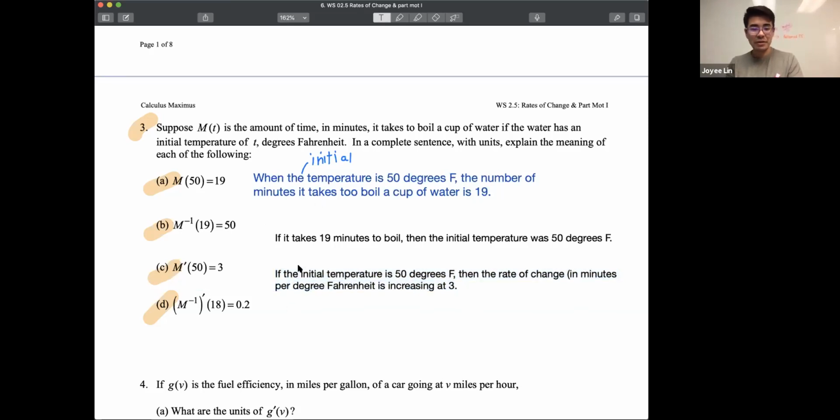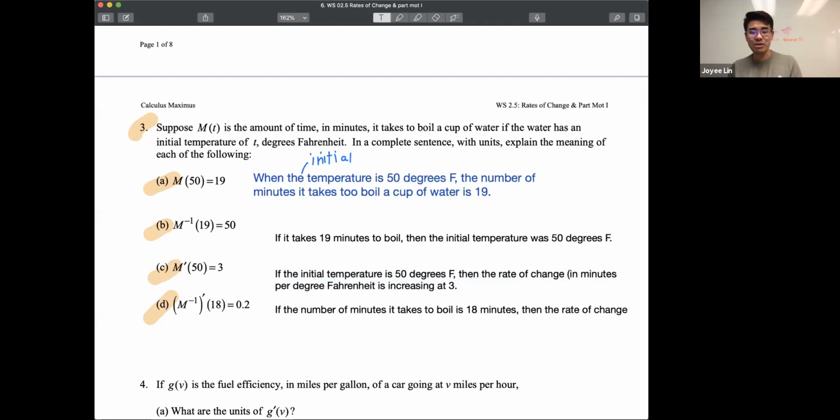And then part D, we have the inverse function. So what do we input in the inverse function? We put the number of minutes, right? If the number of minutes it takes to boil is 18 minutes, then the rate of change, and now since we're doing the inverse function, we have to switch the dx and the dy, right?